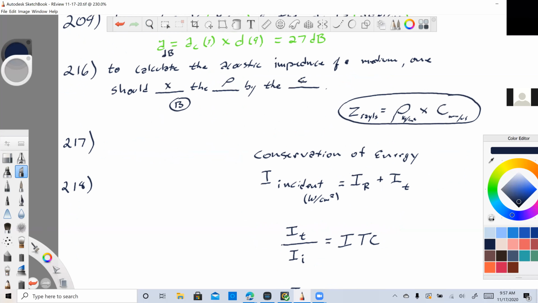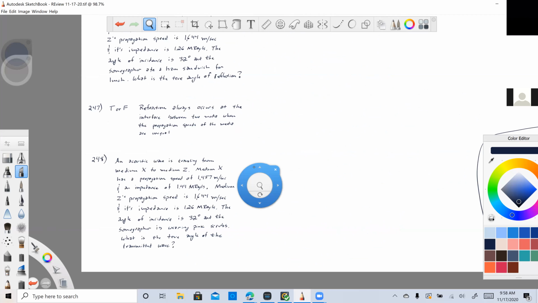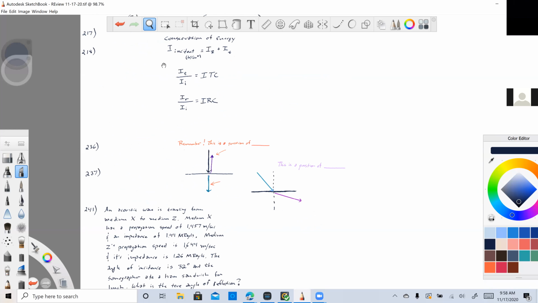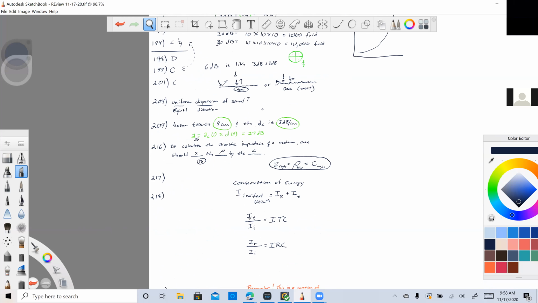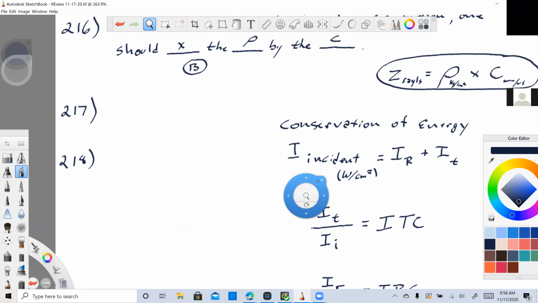217, which two attributes help establish the acoustic impedance of a medium?